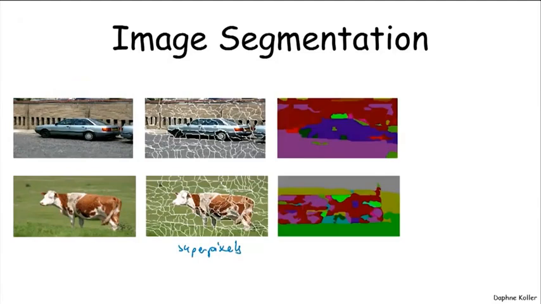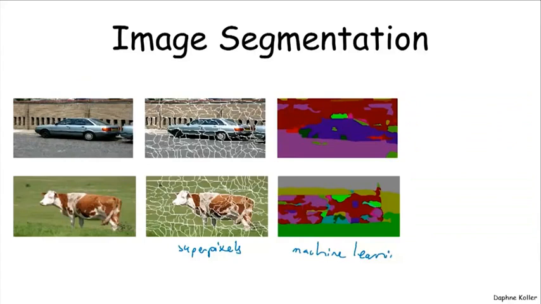And this is what you get if you apply a state-of-the-art machine learning framework to individual superpixels separately. So just trying to classify each superpixel separately. And you can see that you get, especially in the case of the cow, a total mess with different superpixels having drastically different labels. You can't even see the cow in this segmented image.